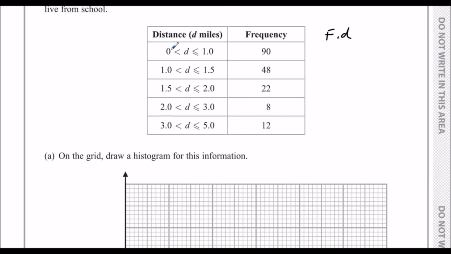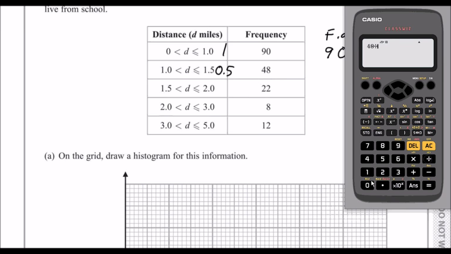So frequency divided by 1 for the first one, so 90 divided by 1 is 90. The second bar has got a width of 0.5. 1 to 1.5 is 0.5. It's going to have a base of 0.5. Frequency divided by class width, 48 divided by 0.5 will give us 96.